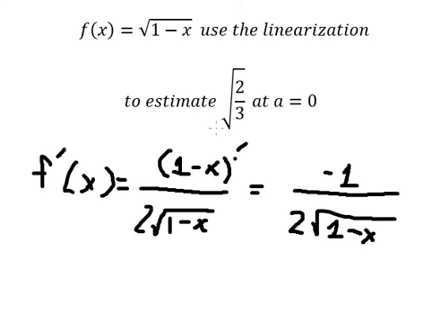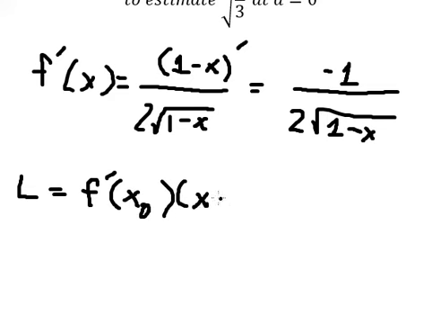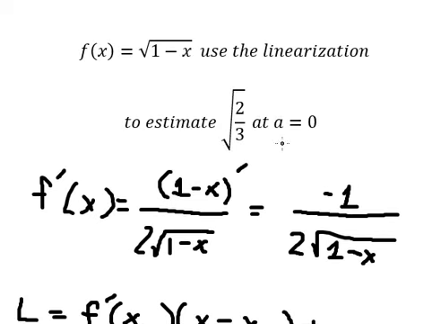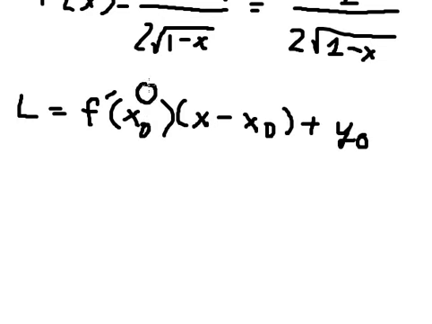Now for this one, we can apply linearization in here. That is the derivative f' at s0 times s minus s0 plus y0. So in this one we have a equals 0. So we put 0 here and here.